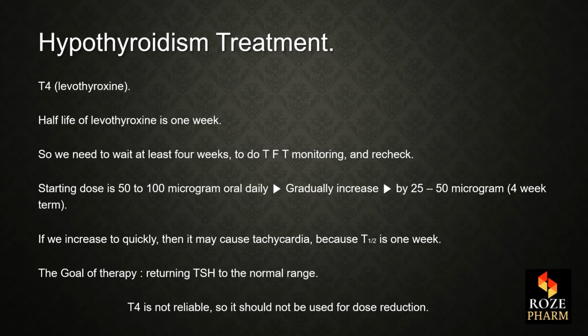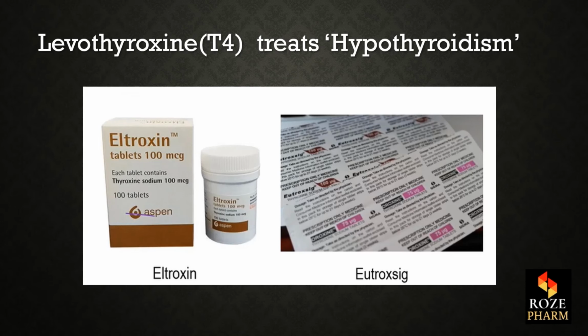If we increase too quickly, it may cause tachycardia. The goal of therapy is returning TSH to the normal range, and T3 is not reliable, so we should monitor with TSH. The drugs include L-thyroxine and Eltroxin.